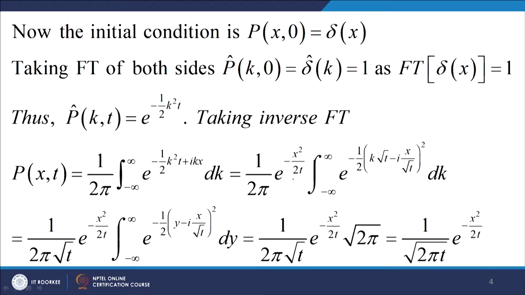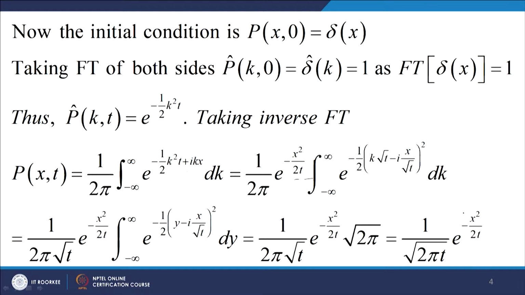You are left with this expression inside the integral as a perfect square, and this is nothing but a Gaussian integral, with value under root 2 pi. We get the simplification of this whole expression as 1 upon under root 2 pi t e to the power minus x square upon 2 t.